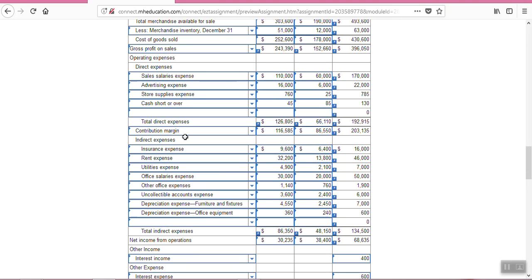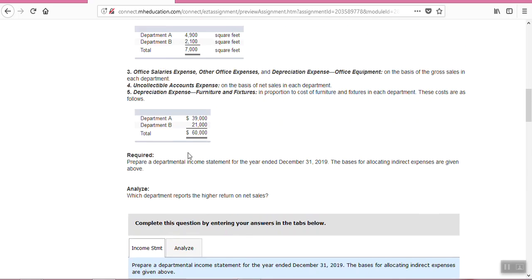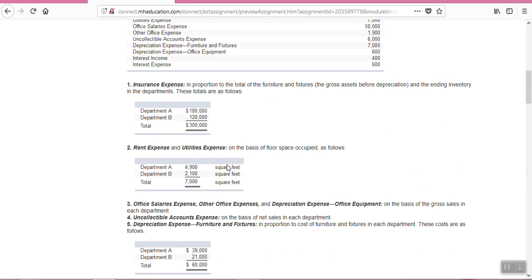So what I would do to tackle this, I would list out the expenses, and then I would go back and try to figure out how to break those expenses out. And there are instructions up here that tell you how to allocate. So we've got insurance expense. It says that they allocate the insurance expense in proportion to the value of their furniture and fixtures, and they give you a little chart.